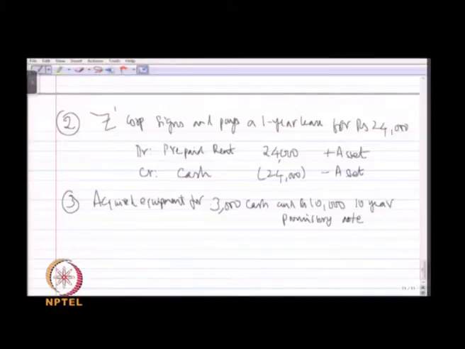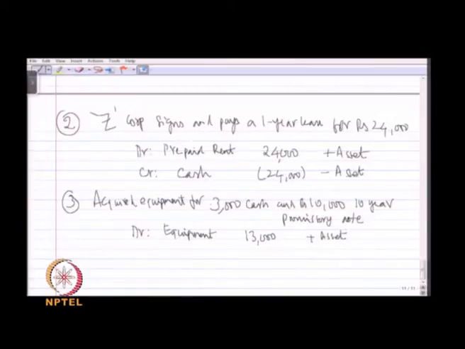So, the value of the equipment purchased is 10,000 plus 3,000, which is 13,000, and it is an asset. So, debit equipment 13,000, because it created an increase in the asset.